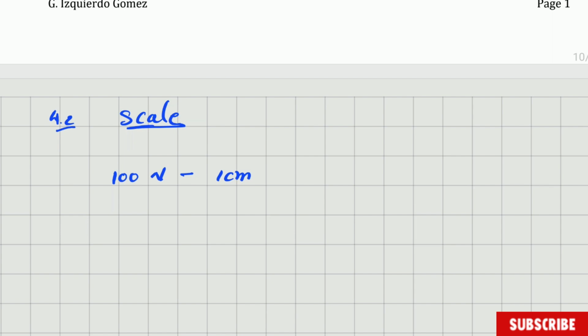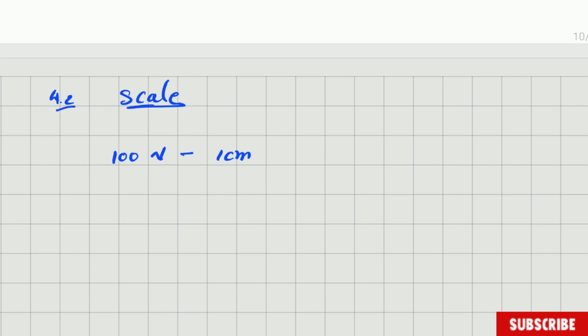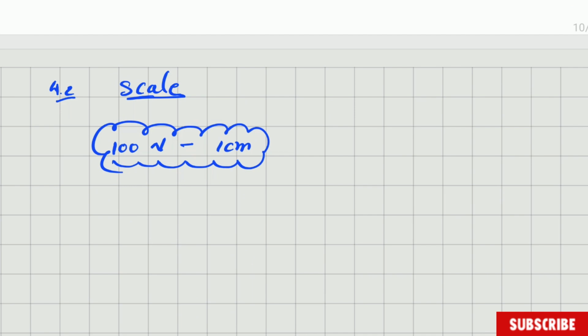Okay, so we need to consider which one is the biggest and which one is the smallest. This is the scale we're going to use, and now we have to get in centimeters the length for each of them. So let's do that real fast.